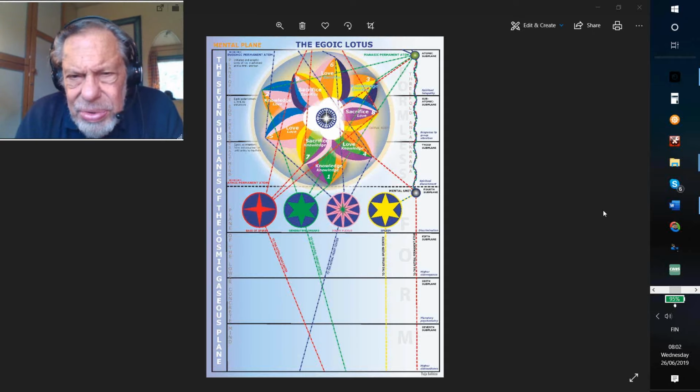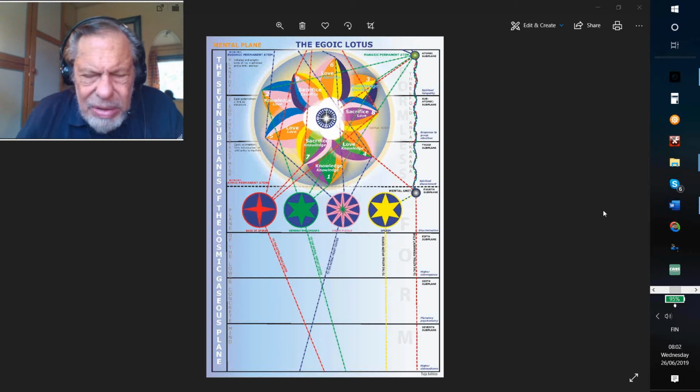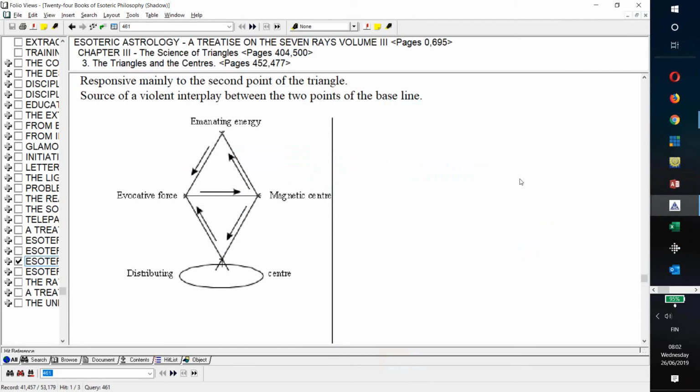So let's get into we've been talking about this figure, which is, in a way, the archetype, a diamond figure.